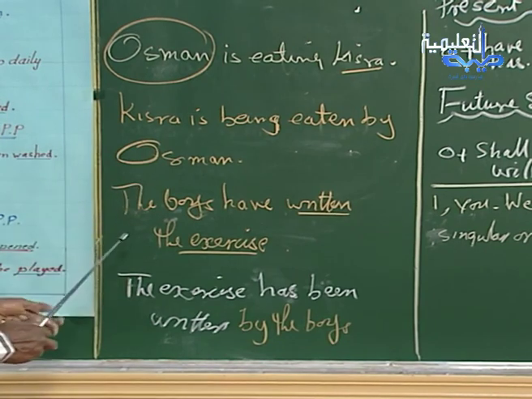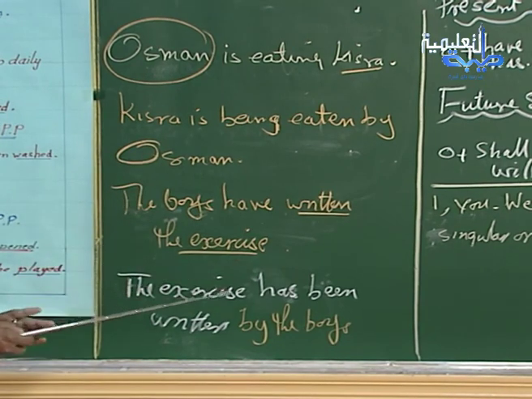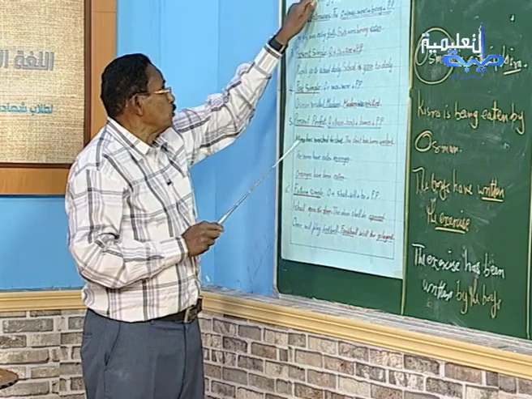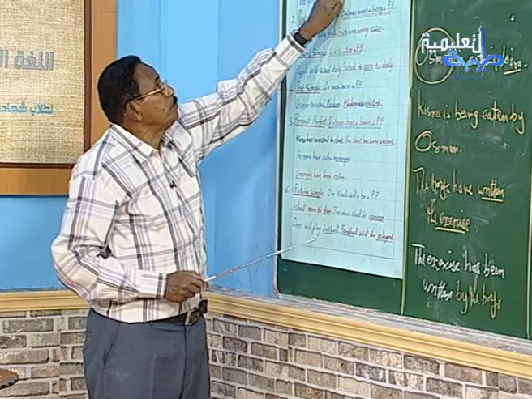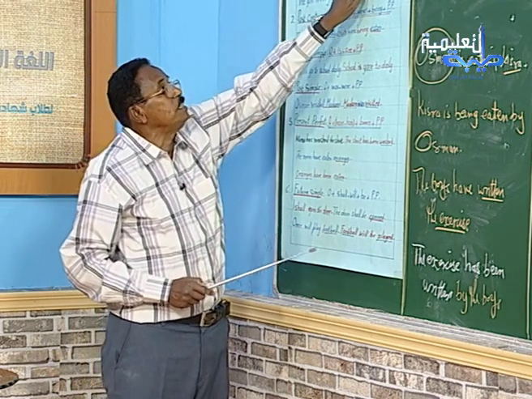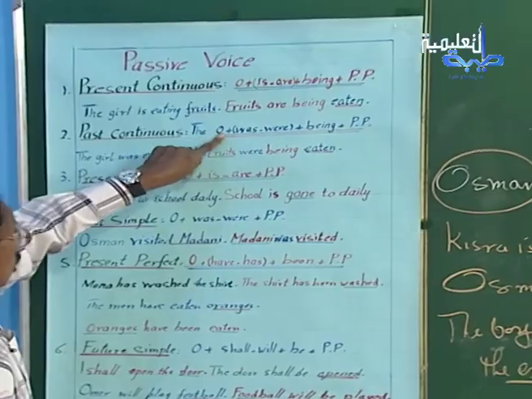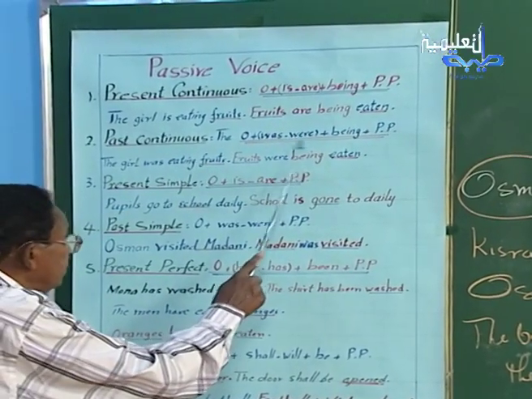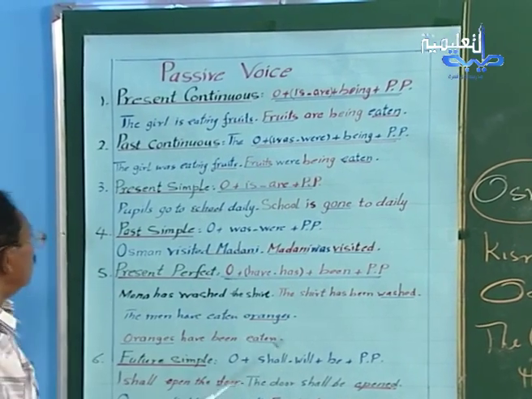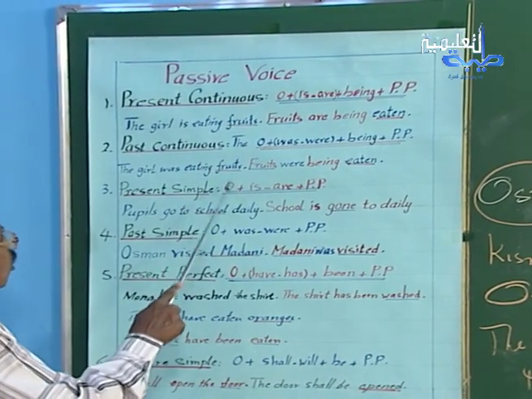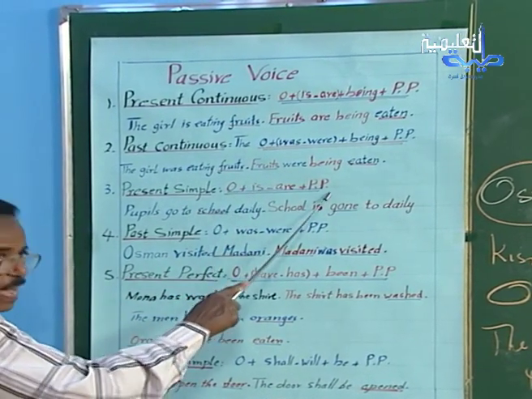The passive is easy, but it is very important for you to keep these rules. For the present continuous, the rule is object plus is or are plus being plus past participle. For past continuous, object plus was or were plus being plus past participle. For the present simple, object plus is or are plus past participle.